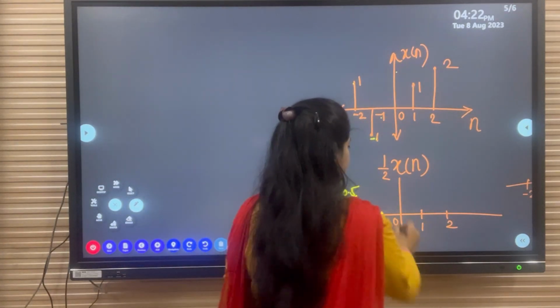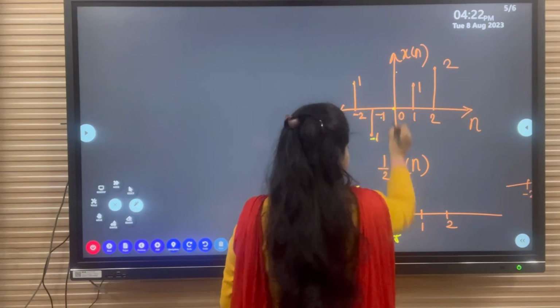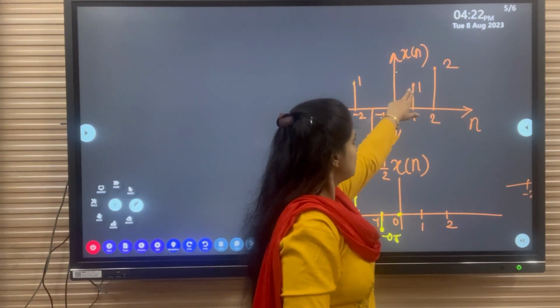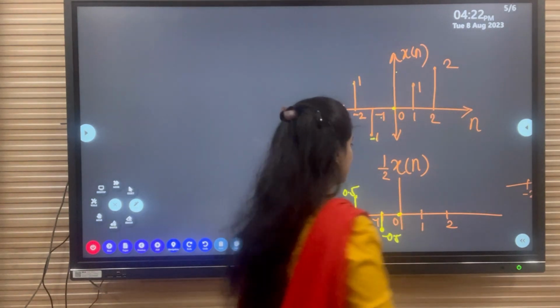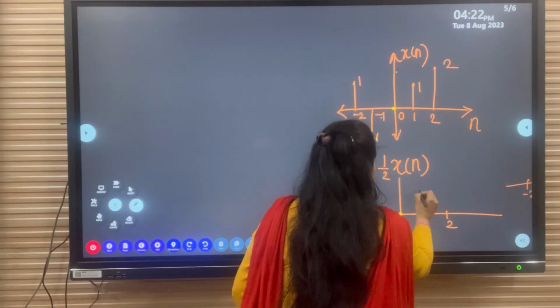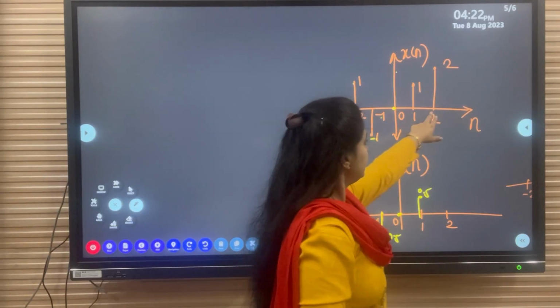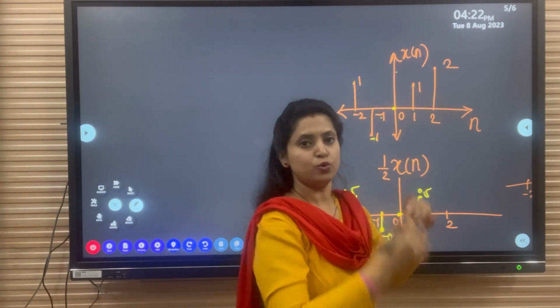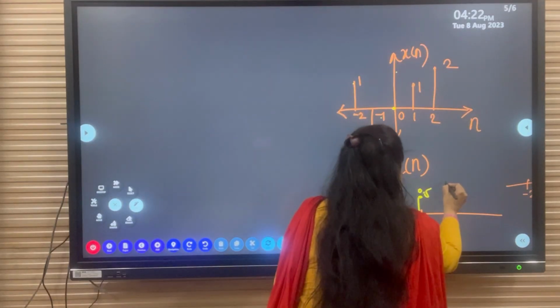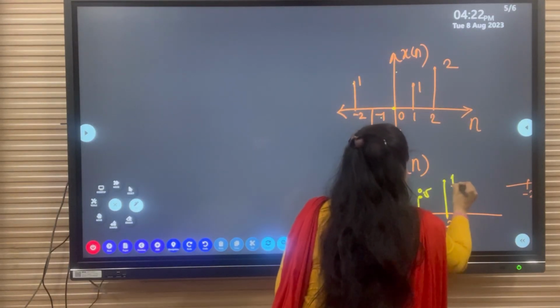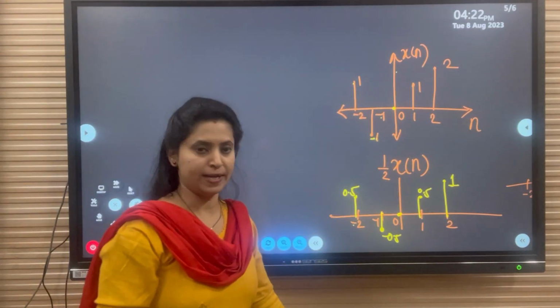Then at 0 there is no signal, so we will consider 0 as it is. So this is 1 divided by 2 is equal to 0.5, so here this is again 0.5, then at 2 this is 2, so 2 divided by 2 is equal to 1. So here we get this signal with amplitude as 1.